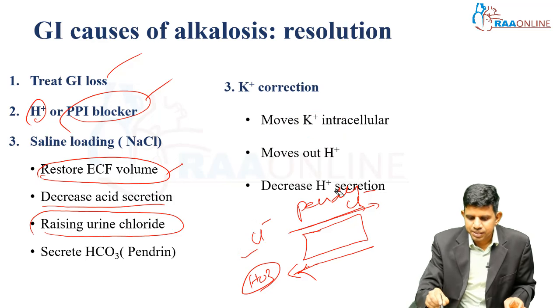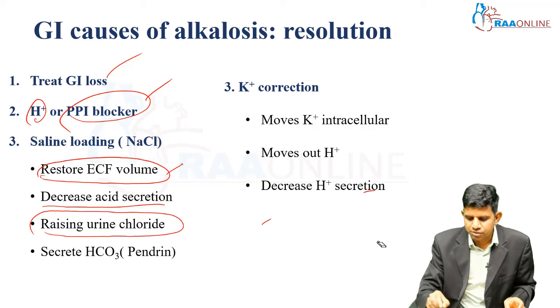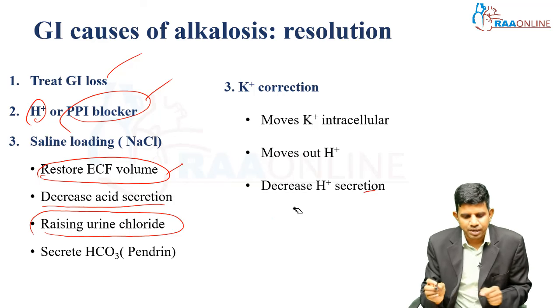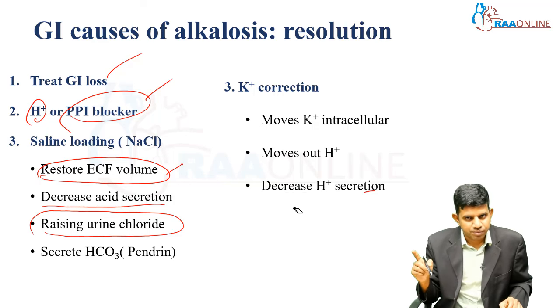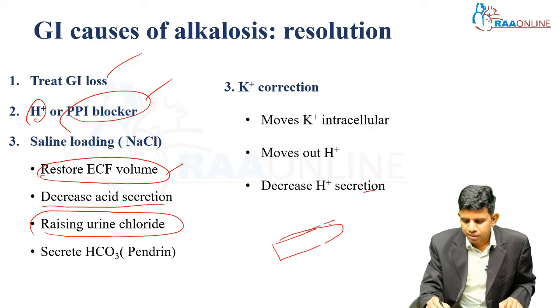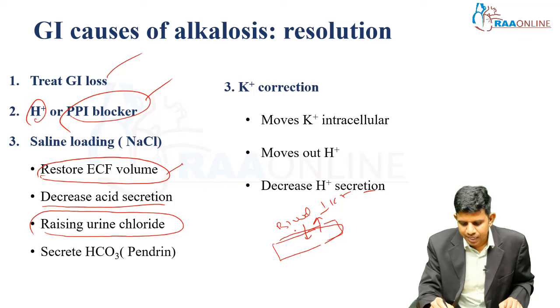The other treatment is potassium correction, which is very important. Why potassium correction? You have to correct hypochloremia, and you have to correct potassium also. Why is potassium correction so important? Whenever my blood has low potassium, what will the body do? Positive ions move from intracellular to the blood, so in the opposite direction, hydrogen ions move from the blood to intracellular.